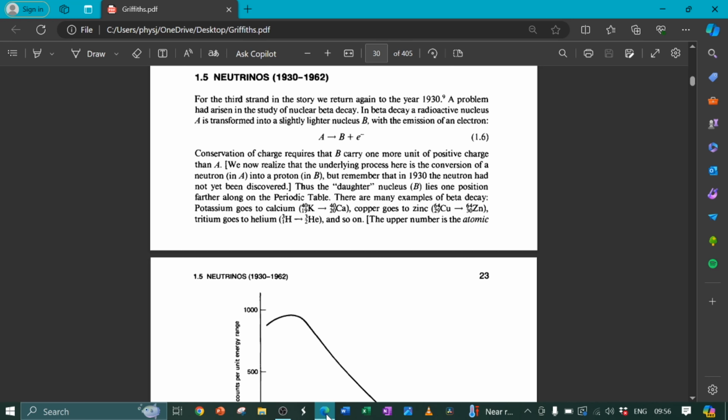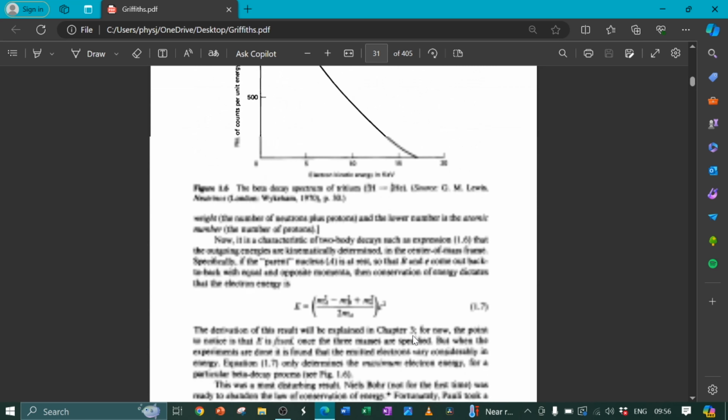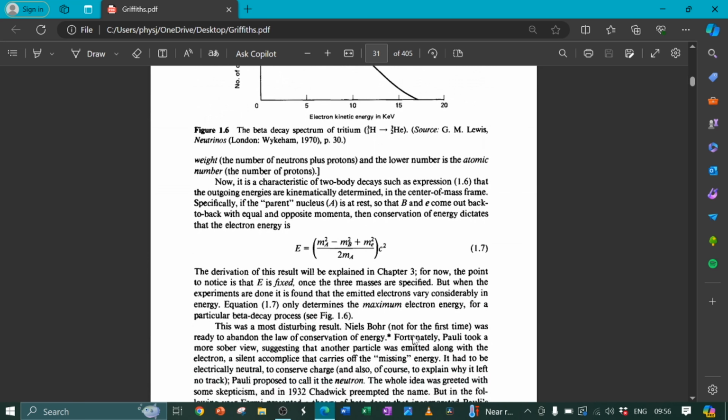There are many examples of beta decay. Potassium goes to calcium, copper goes to zinc, tritium goes to helium, and so on. The upper number is the atomic weight, the number of neutrons plus protons, and the lower number is the atomic number, the number of protons.